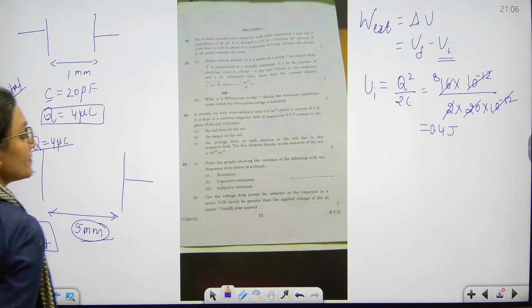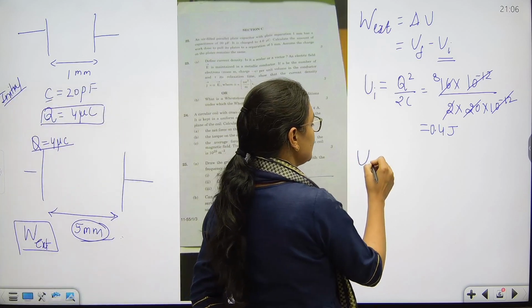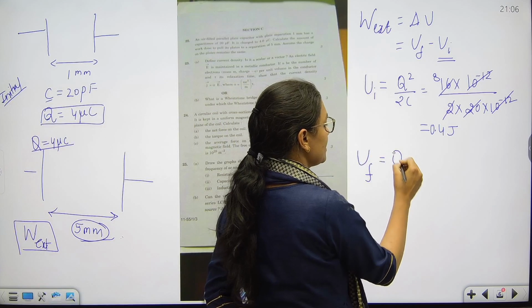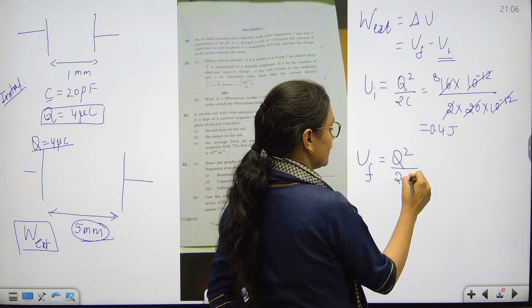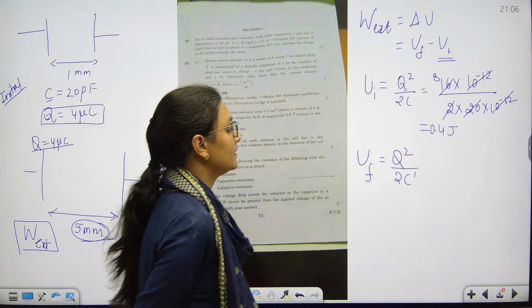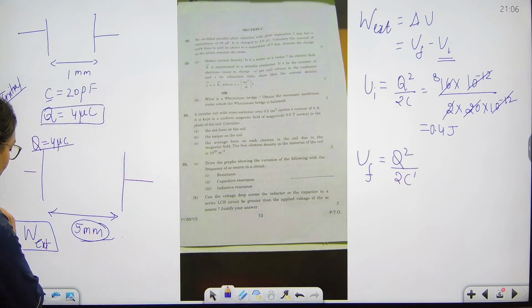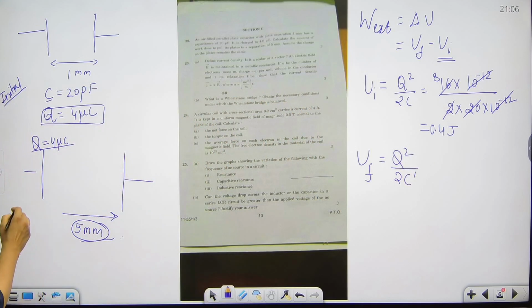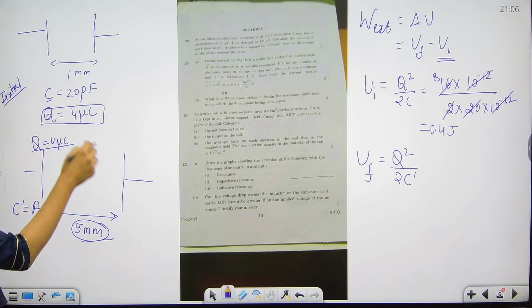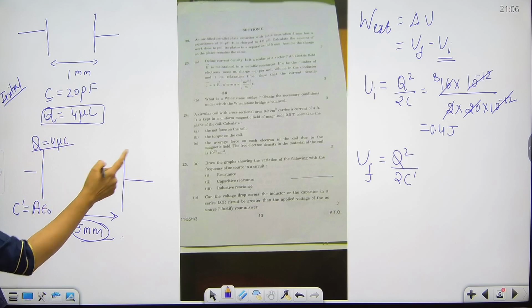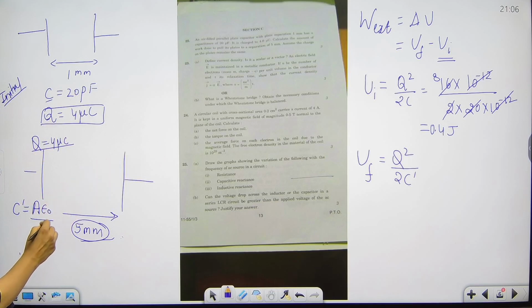Yes, correct. Now the final potential energy. For the final potential energy, I need the new capacitance. The charge is the same. What will be the new capacitance? The new capacitance will be A epsilon, the area is the same, we have not discussed anything about area, the medium is the same, divided by the distance, which is changed. The distance here is 5 millimeter. Is it 5 times the original?